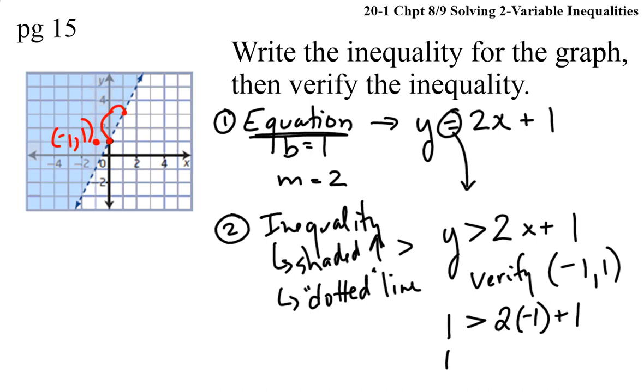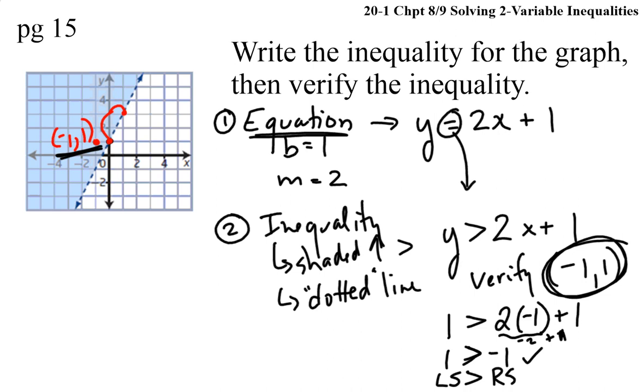My left side is 1. -2 plus 1 is -1. Is 1 greater than -1? Absolutely. My inequality, left side greater than right side, is true when I use (-1, 1). So I at least picked one point that's correct. I'm on the right track. I'm going to trust my solution.